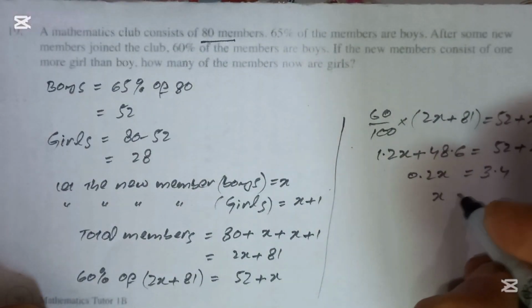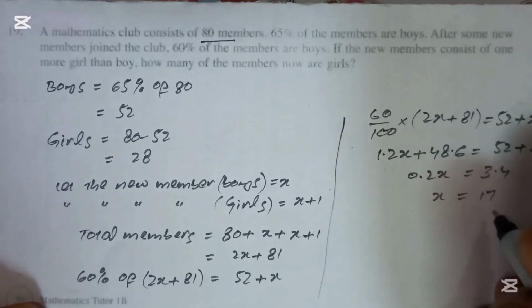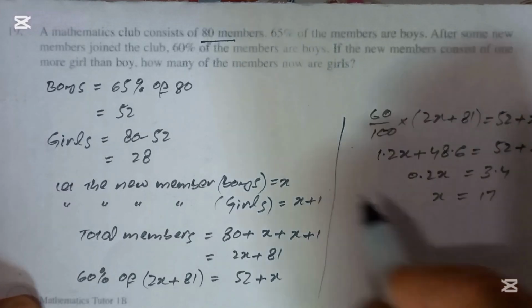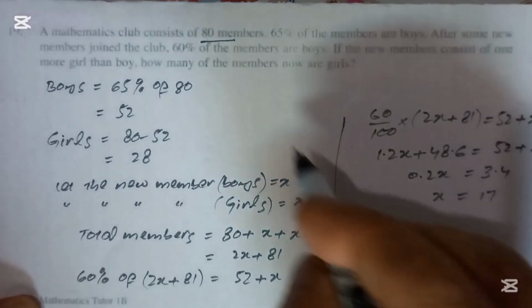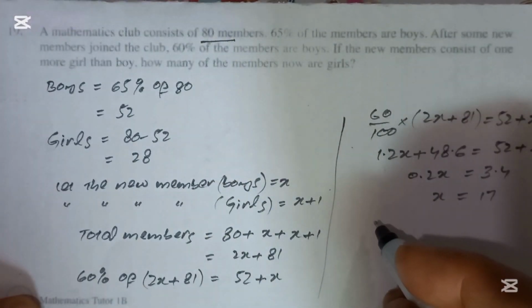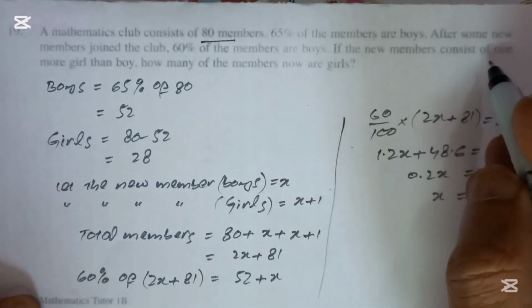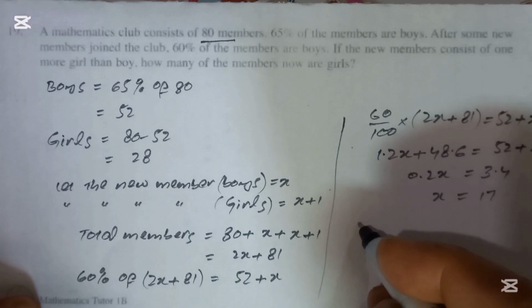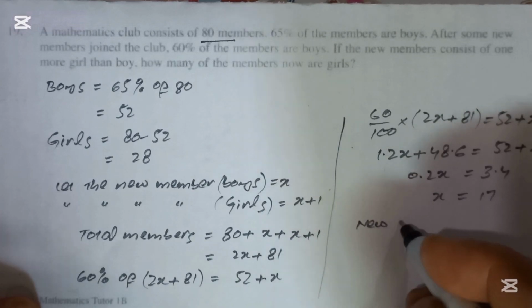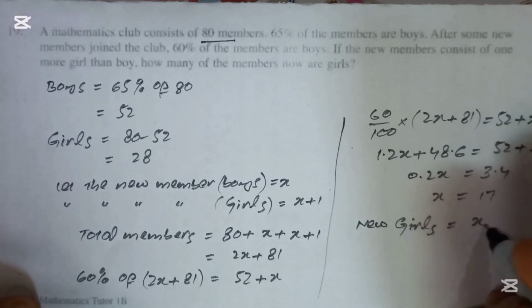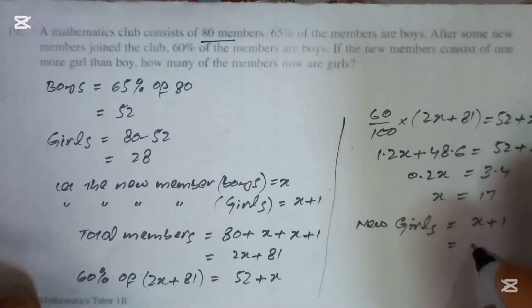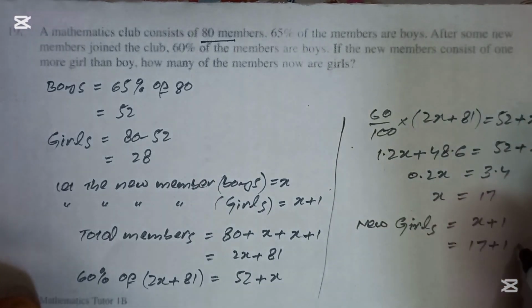So x is 17. It means these are the new boys. And then our requirement is how many girls there are now. Girls are one more than the boys. So new girls are x plus 1, so 17 plus 1 will be equal to 18.